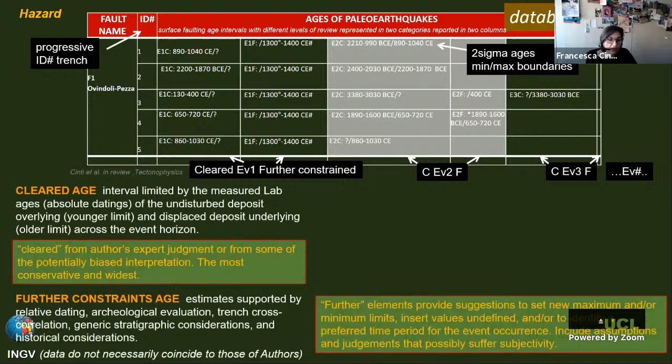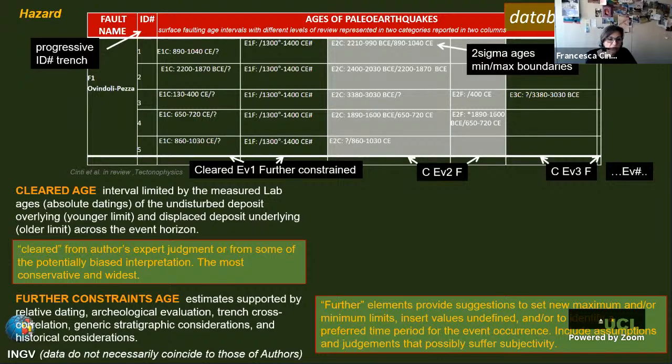Clear data columns are age intervals limited by the measured lab ages, absolute dating, objective datings. And these are data that we can say are cleared from authors' expert judgment, or from some potentially biased interpretation. So these intervals are the most conservative and widest.